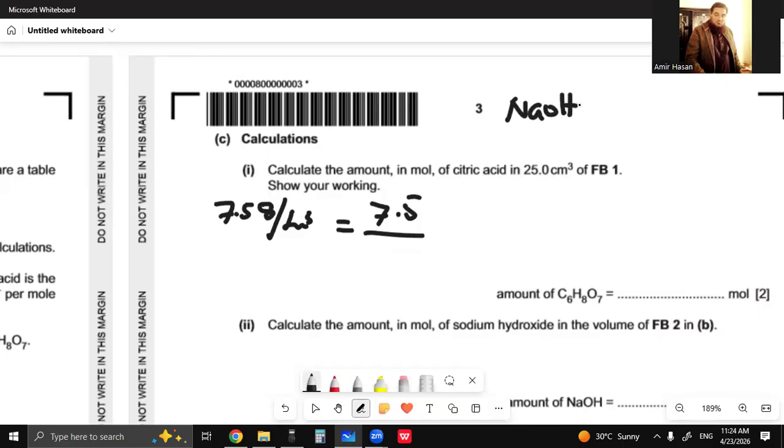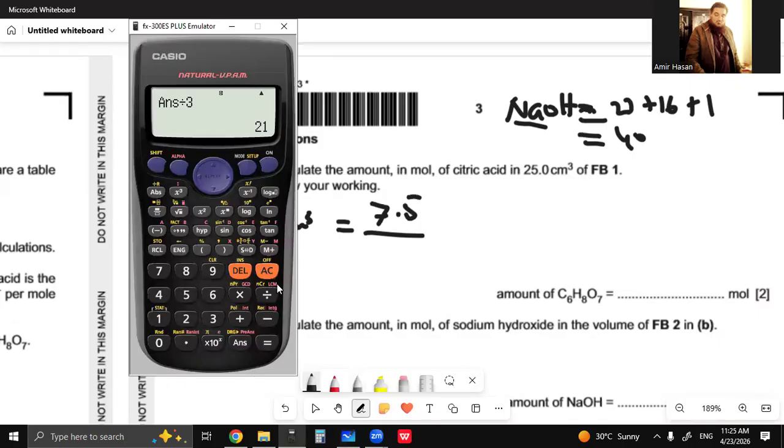With the help of the periodic table, you calculate the NaOH total mass. Na is 23, O is 16, H is 1. Then add: 23 plus 17, it is 40. You divide 7.5 by 40. When you divide it by 40, you get the moles per cubic decimeter concentration.